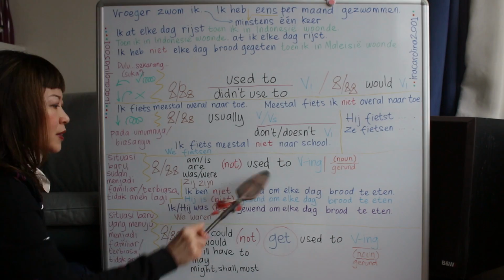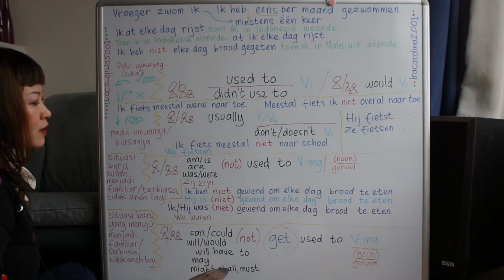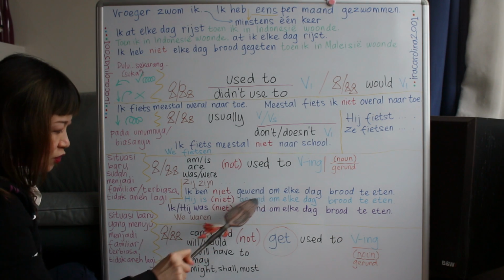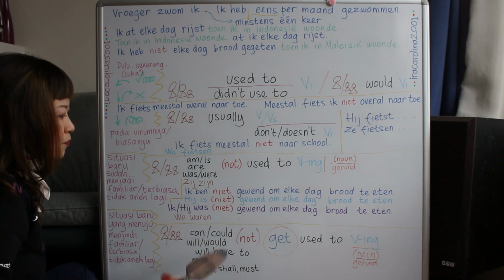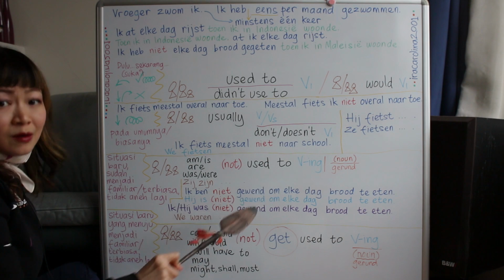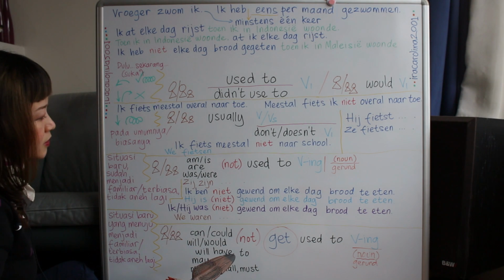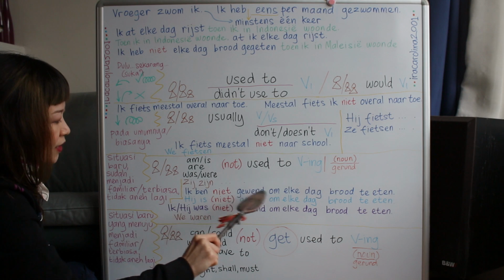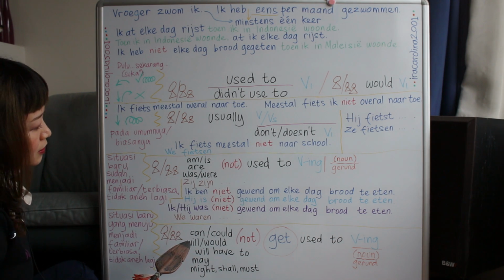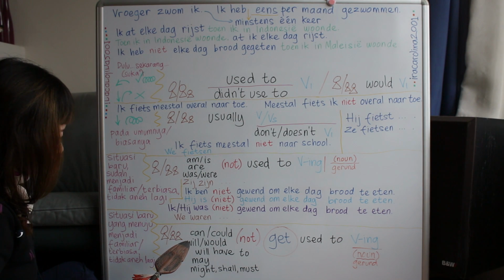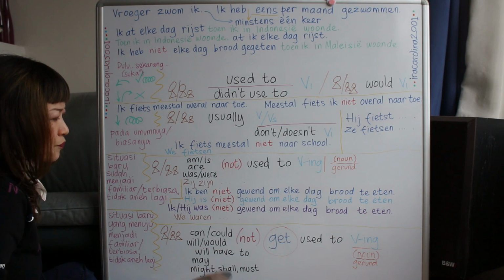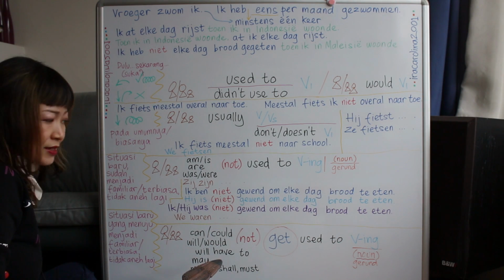Same with English. There are lots of meanings, but this gewoon is always attached, even though we put it into words. When you use gewoon, we translate it as used. Elke dag, every day. Brood, bread.